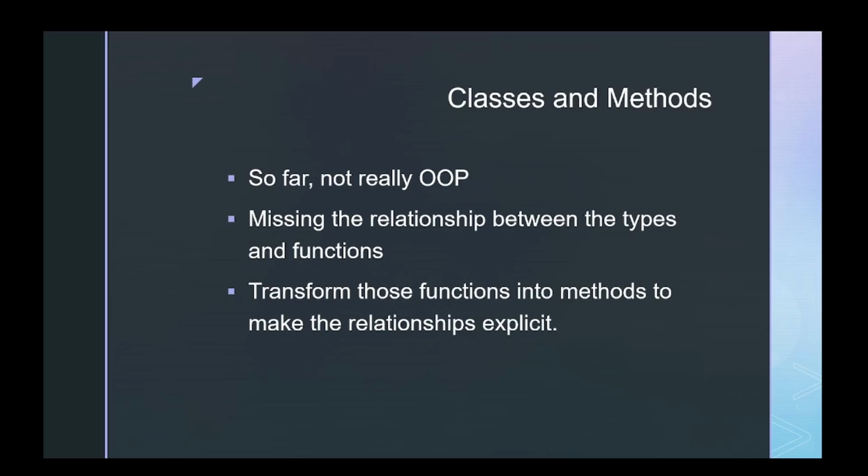What we are going to do is take those functions that are outside of the class and transform them into methods. It is going to make those verbs explicit to the class. So the class is now going to absorb some of these verbs. And that is going to make the relationship between the types and the functions explicit. So they are going to know exactly who, what, where, when, how, and why.